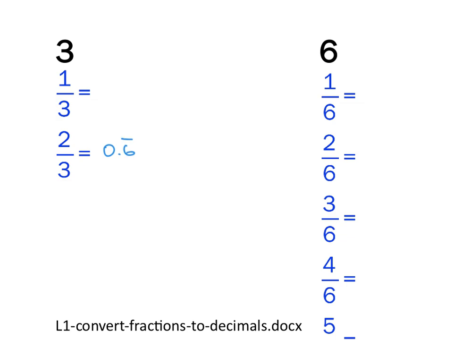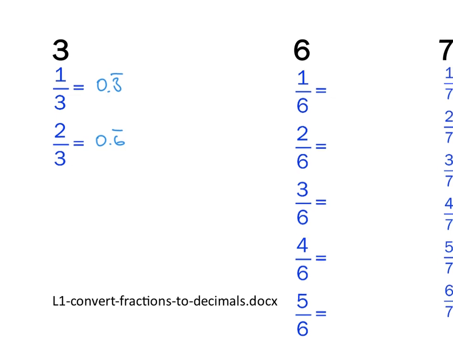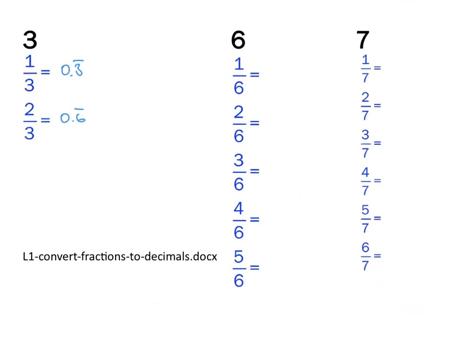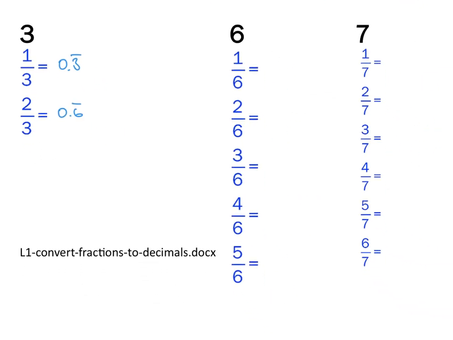We did that one, right. 1 out of 3 is 0.3 repeated. Now we'll do the 6s. We just did 1 out of 6. 1 out of 6 is 0.16 repeated. Very good.